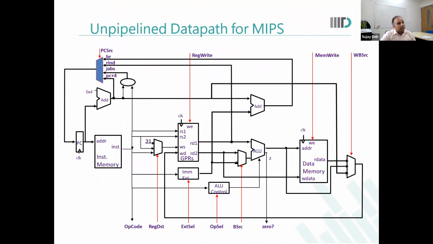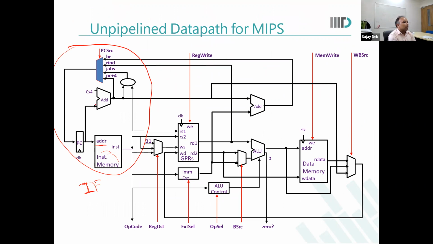Now, if I look at this figure of the microarchitecture, which is unpipelined, you will see that this is precisely the part which is doing instruction fetch. This is your instruction memory. The program counter gives you the address from where you will get the instruction.